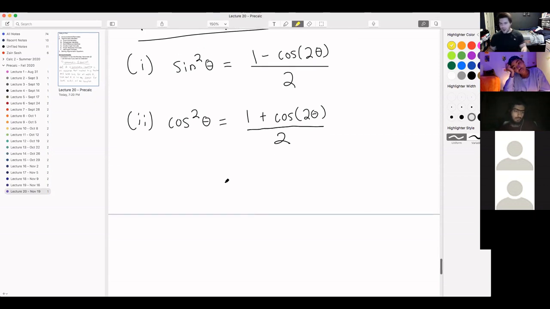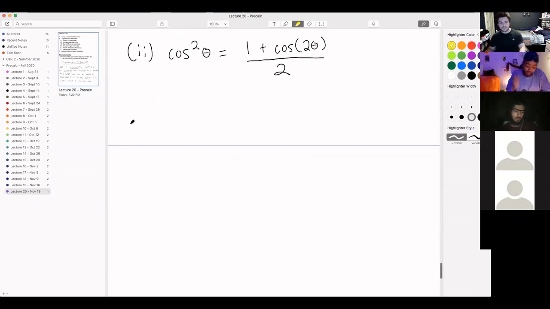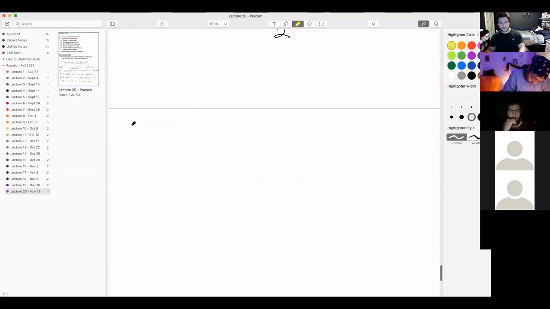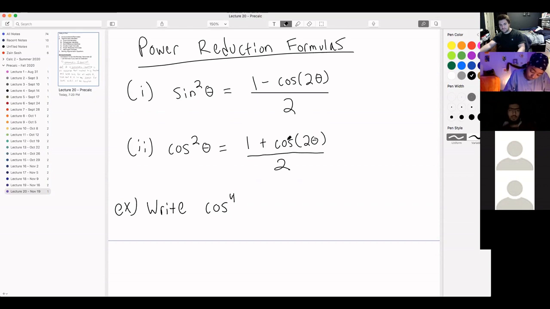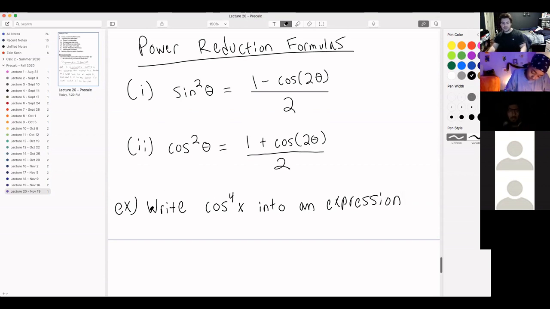Okay, all right, so here is an example. Write cosine of x to the fourth power as an expression with all powers being 1.